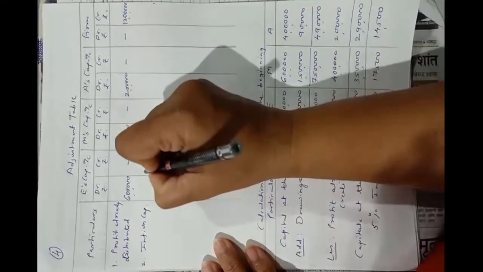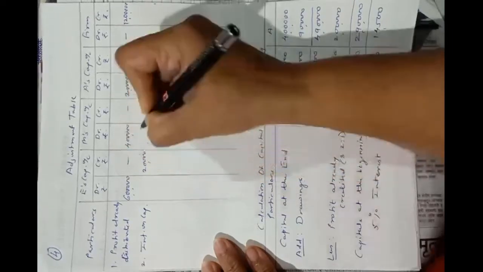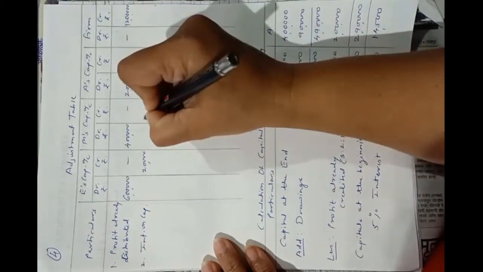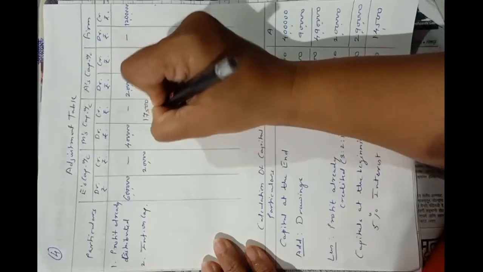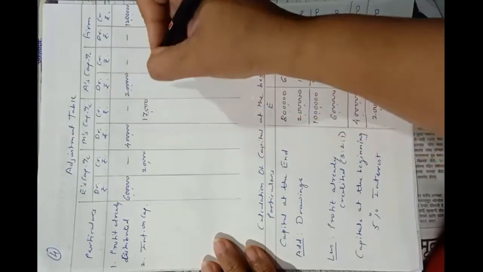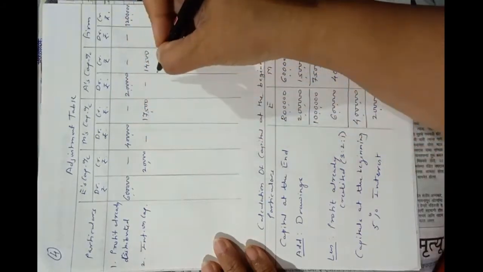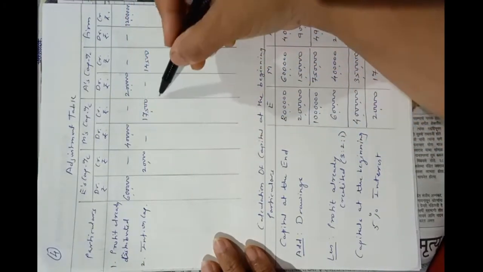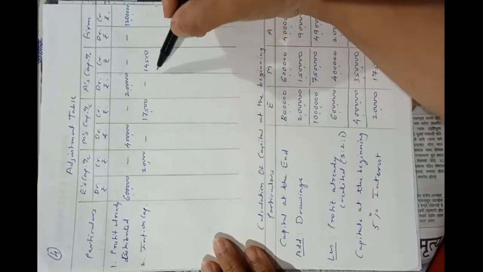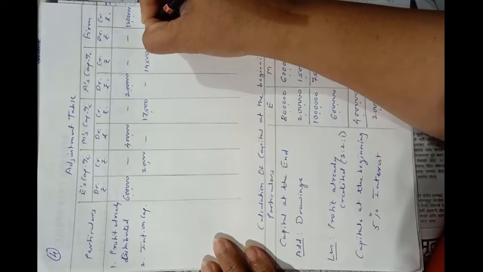So interest on capital 20,000 to be credited to E's capital account, 17,500 to M's capital account, and to A's capital account 14,500. So total of these amounts is 52,000. 52,000 will be debited to firm's account.